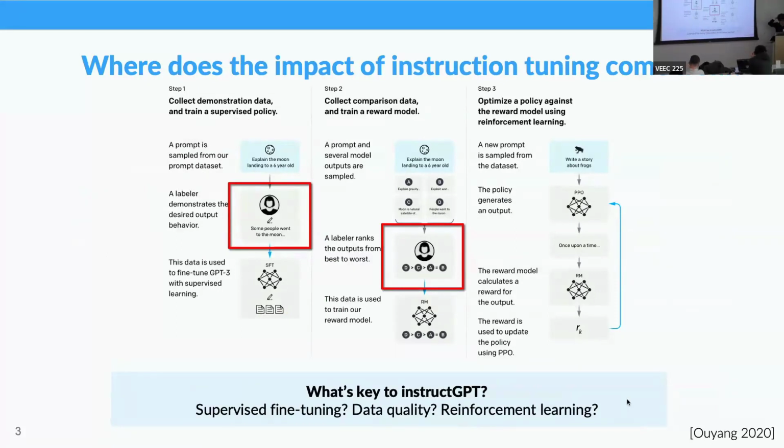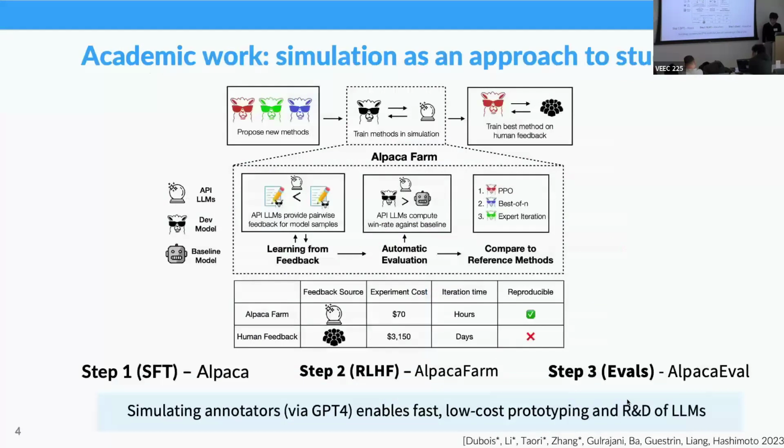Because of the opacity of the whole process, we didn't really understand what was going on. And this really was the original motivation for a lot of us: instead of trying to innovate and do something new, maybe we could just start by replicating, or attempting to replicate, this instruction tuning process. And if we could do that, then maybe we could learn some things that we could use.